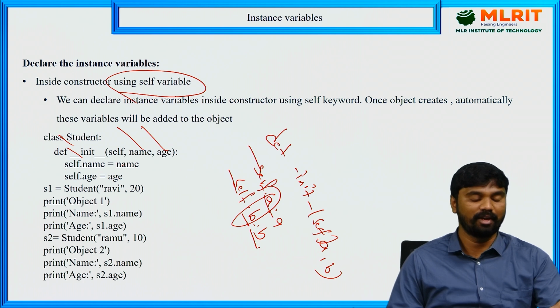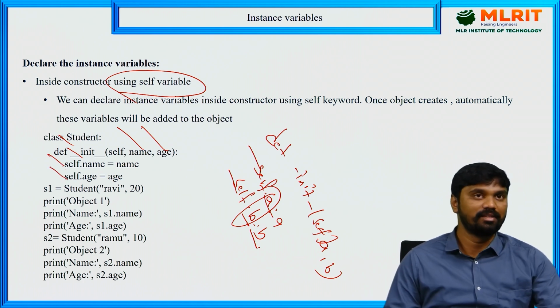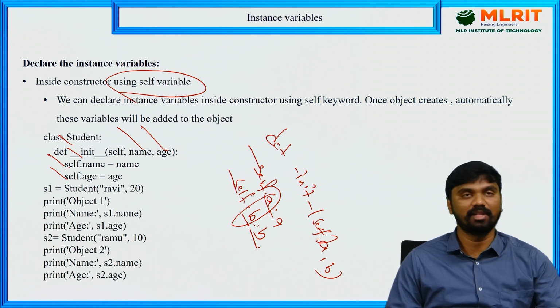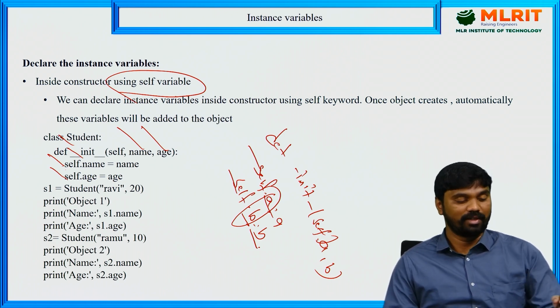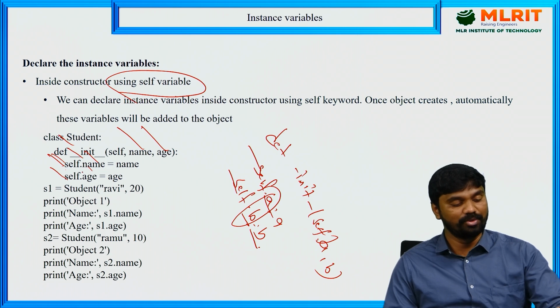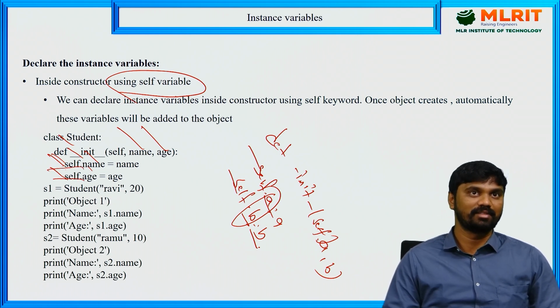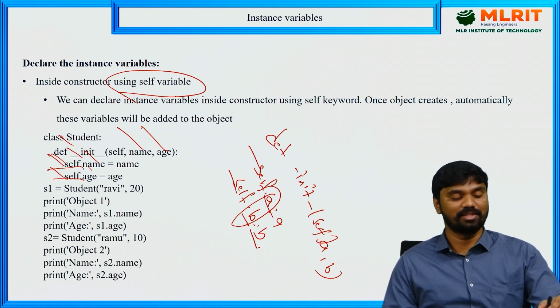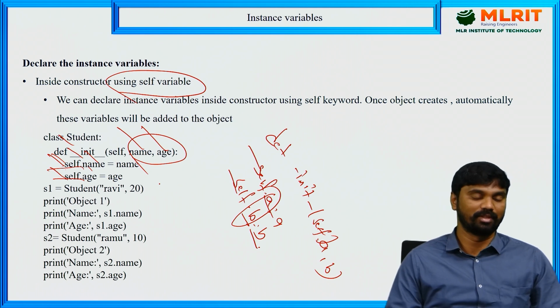Here we define the instance variables using the self keyword. Inside the constructor, whatever variables are defined using the self keyword are called instance variables, and these instance variables get their values through the constructor arguments.